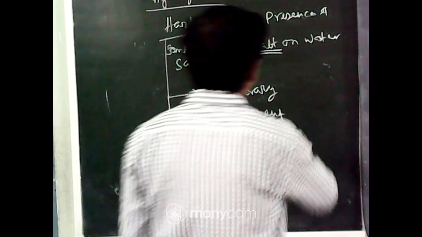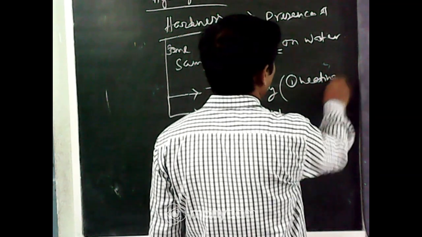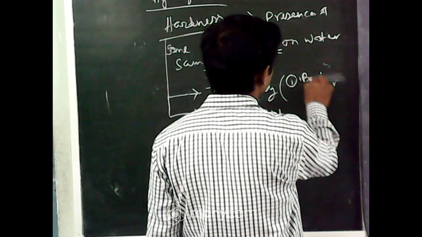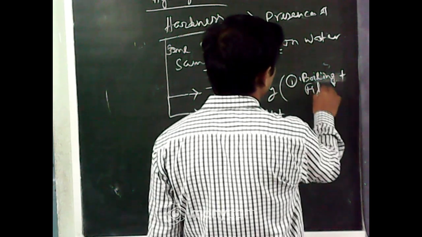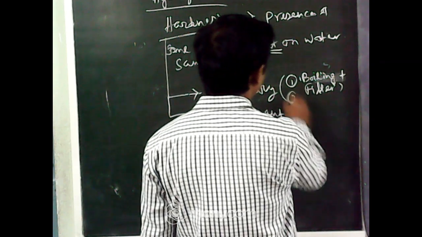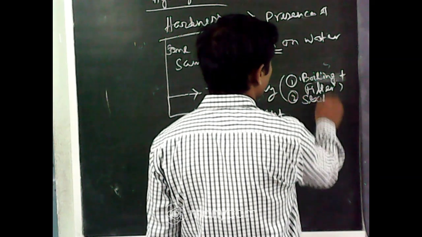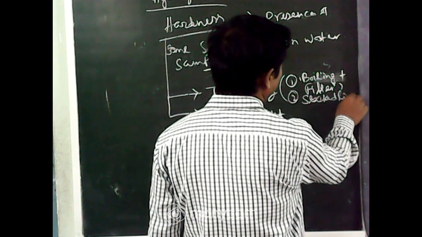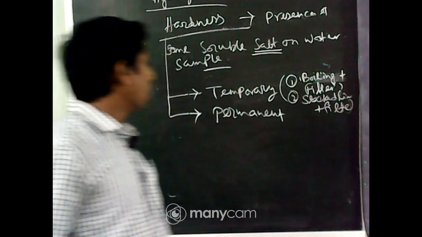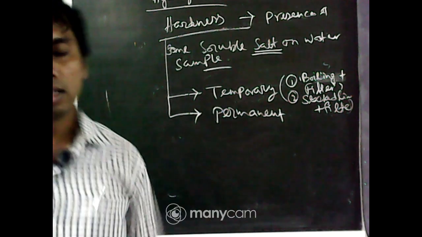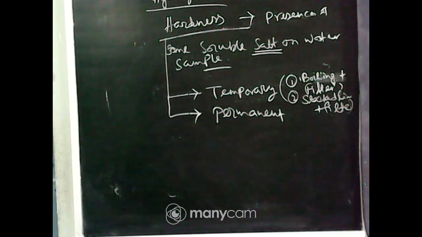So, number 1 is boiling plus filtration. Number 2 is slake lime, heat plus filter.